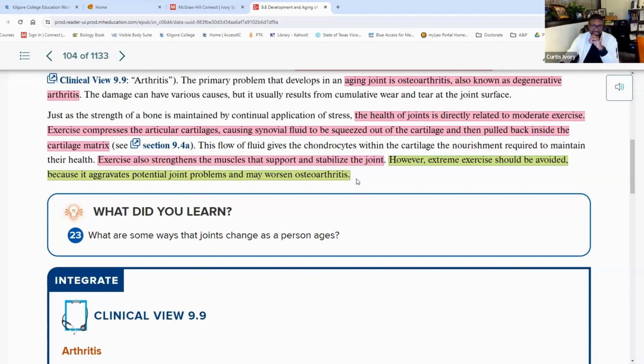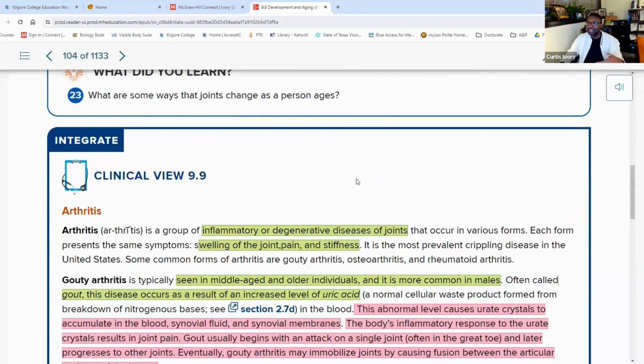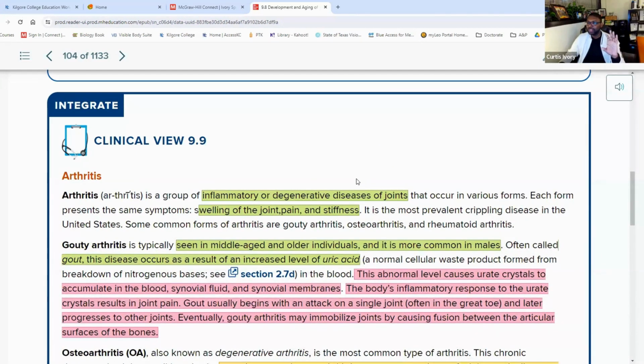Now, when I was 15 and they did my knee surgery, not only did I tear my meniscus, but they also found out that I had arthritis. Arthritis is a collective group of different types of diseases of joints where the joint has endured some type of inflammation. So every time it rains, I can feel it in my left knee.